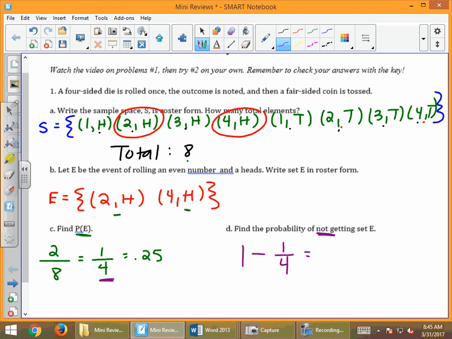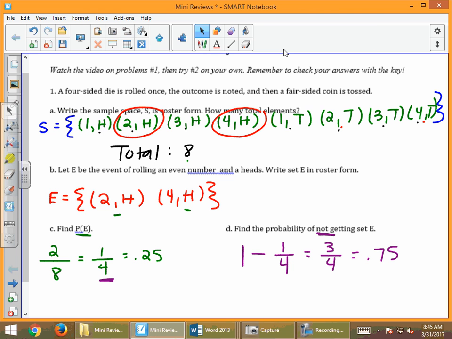So we would do 1 minus 1/4. 1 minus 1/4 is 3/4, and 3/4 as a decimal. So whenever you see not, take the probability of getting that, subtract it from 1, and that would give you the probability of not getting it. Go ahead, try number 2 on your own.